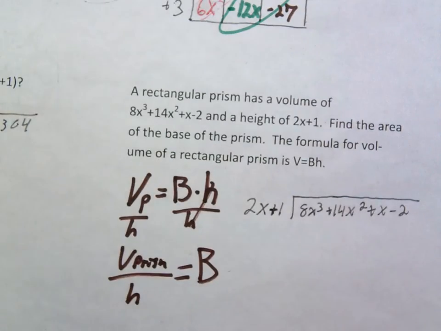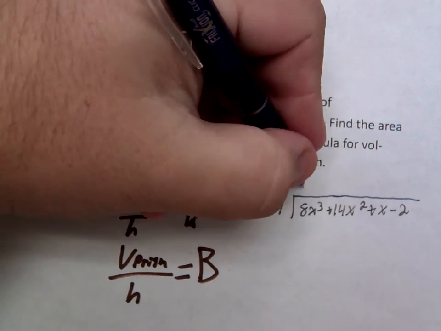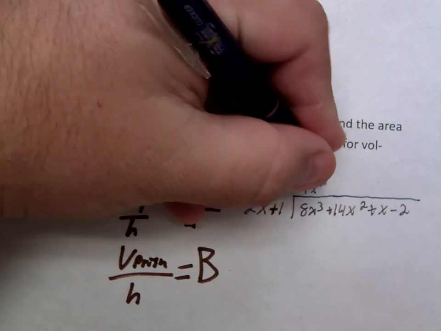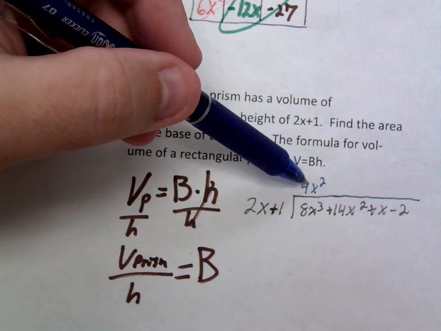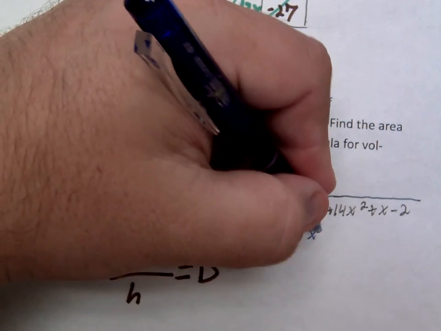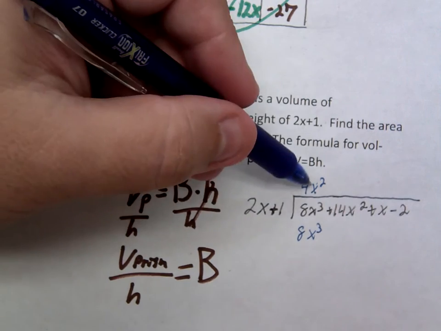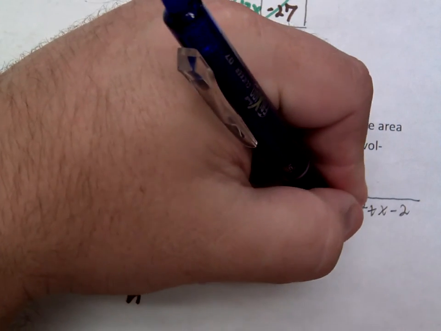All right, let's see how we do. 2x goes into 8x cubed 4x to the second power number of times. Let's see what happens when I multiply. 4 times 2 is 8. Yep. x squared times x is x cubed. Grand. We then multiply the 1 times the 4x squared, and that gives us a positive 4x squared.